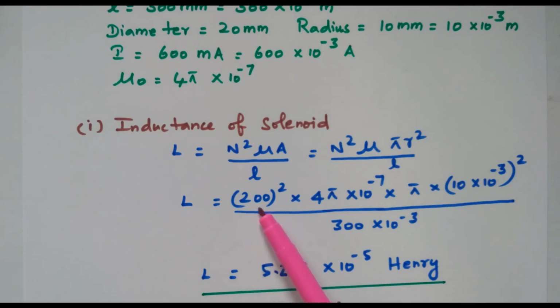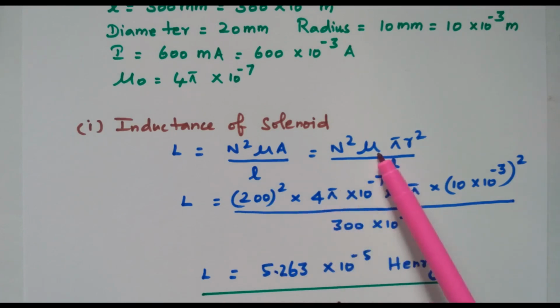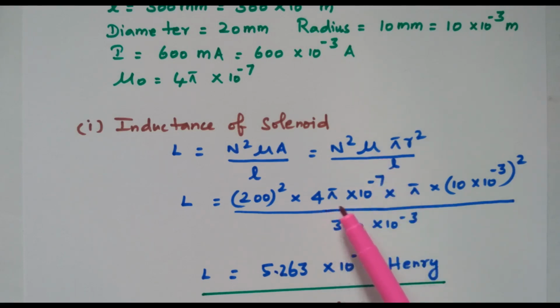The number of turns is 200, 200 square into mu. Mu is nothing but mu naught, mu r value is 1. So mu naught is 4 pi into 10 to the power minus 7 into pi r square, where r is 10 into 10 to the power minus 3, squared, divided by l. Length is 300 into 10 to the power minus 3.